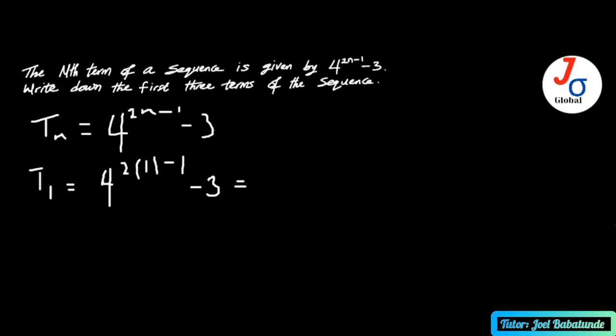That's 4 raised to the power of 2 minus 1, then minus 3. Then I have 4 raised to the power of 1 minus 3, and 4 raised to the power of 1 is 4. 4 minus 3 is 1.